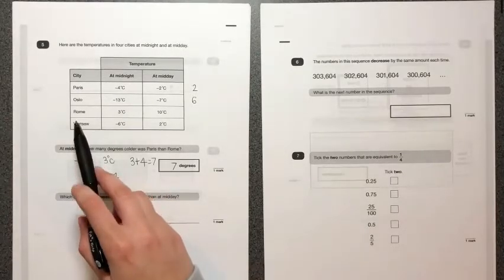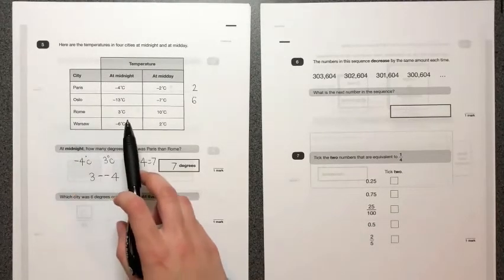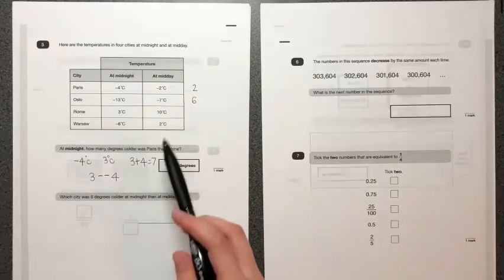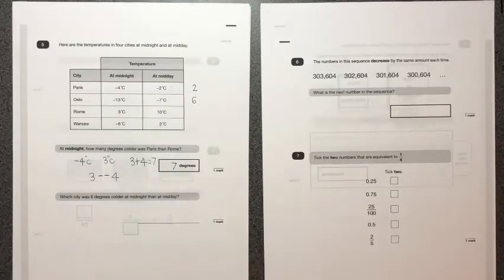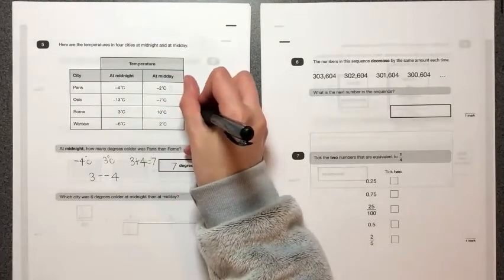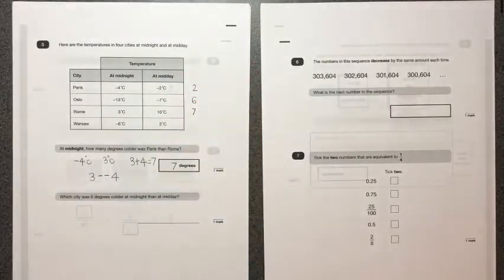Now this one, Rome, at midnight was 3 degrees Celsius, and at midday it was 10 degrees Celsius. 10 minus 3 is 7. At midnight it was 7 degrees colder. Warsaw was -6 at night, and at midday it was 2. 2 minus -6, minus and a minus makes a plus. 2 plus 6 gives us 8.